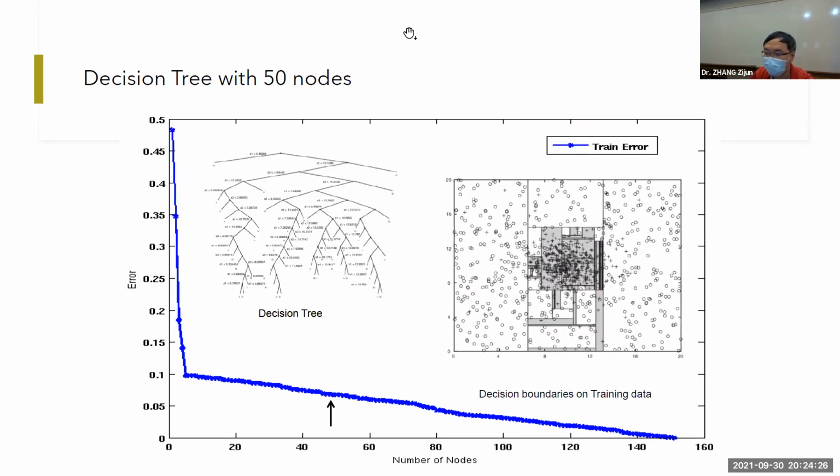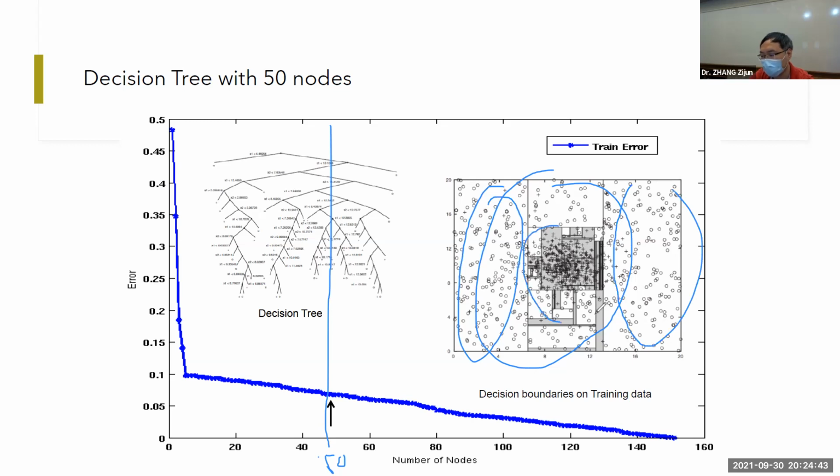But if you consider a tree with 50 nodes, that means you have 50 decision boundaries, very complicated here. You can see that there's no attention put into further dealing with these parts, but basically inside this very limited area, the decision becomes a little bit biased, too specific in some parts.